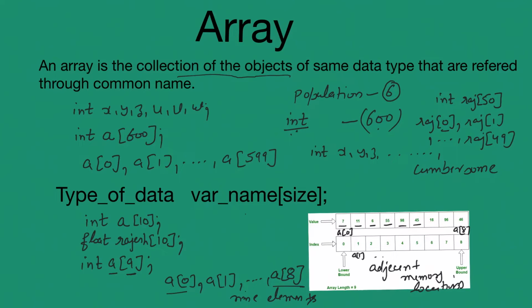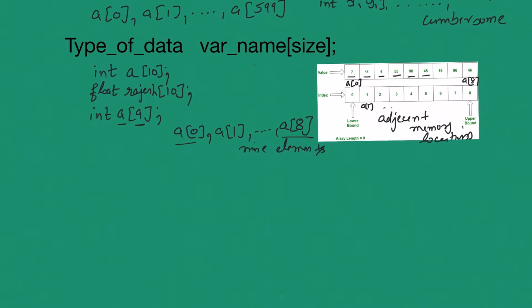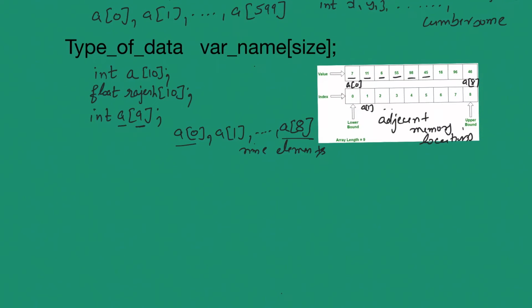And if someone asks what is the size of the memory allocated to the array that we have defined, like here we have defined an array of size 9, what is the memory allocated by the compiler to this array?